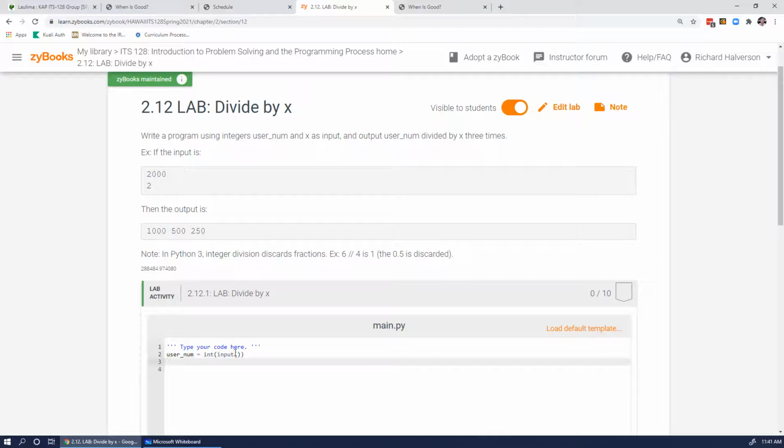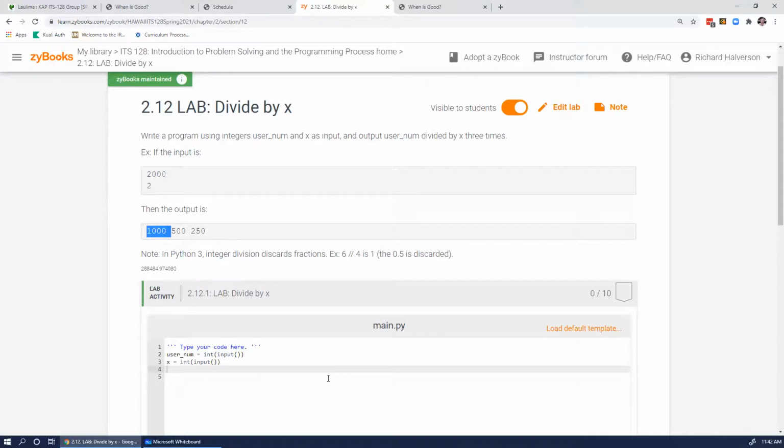And then we're also going to input x. X equals int input. Okay, so that is going to sit there and wait until the user types in a value for x, and then it's going to start doing some calculating and printing. And first, it's going to print out user num divided by x.